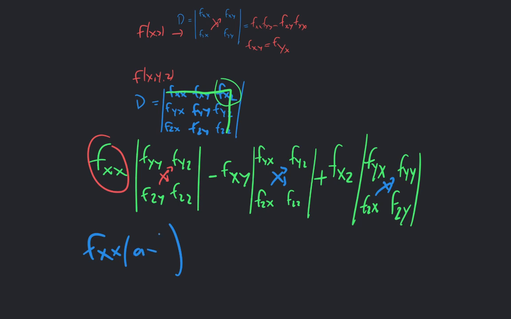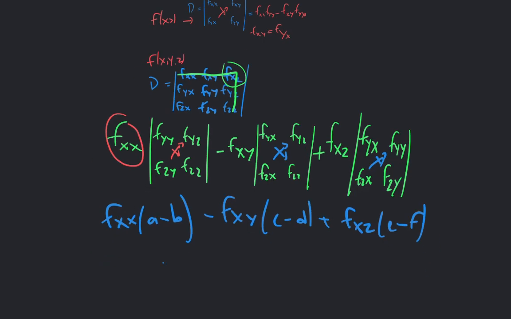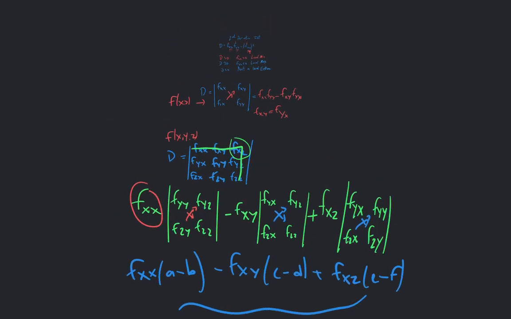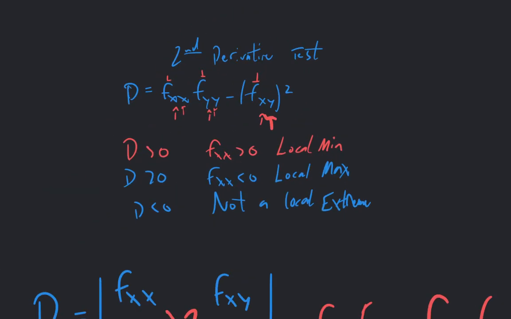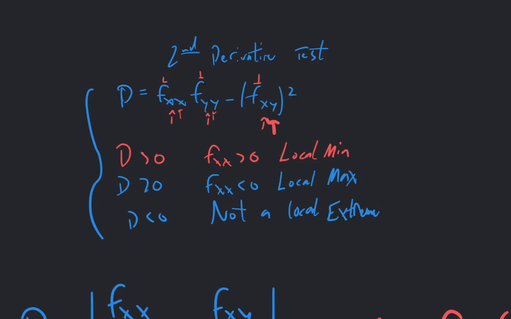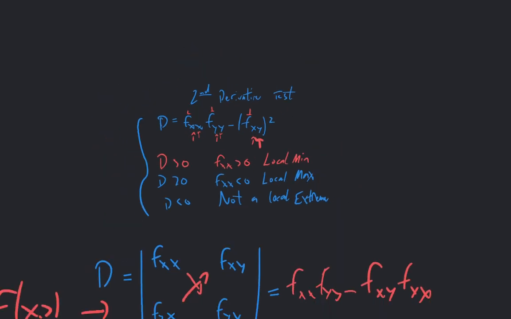Let's call it A, and then we'll call that one B, minus fxy times C minus D plus fxz times, let's say, E minus F. I'm not going to write out all those products, but it would be something like that, and you're going to get some number that you can then go into here and be like, okay, well, is it a local minimum, local max, local extreme?